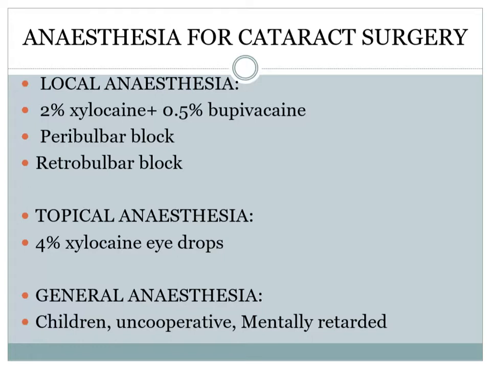This is done using your SRK formula, in which you need to feed the A constant, which is individualized for each lens make. Next, you have to calculate the keratometry. The keratometry is calculated using the keratometer.